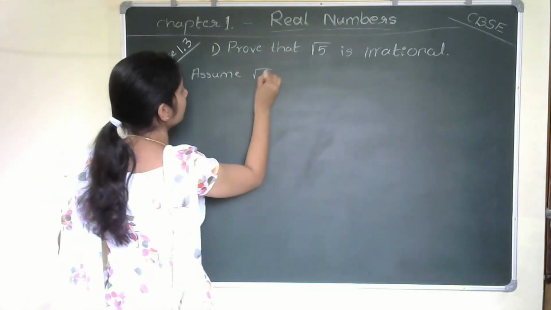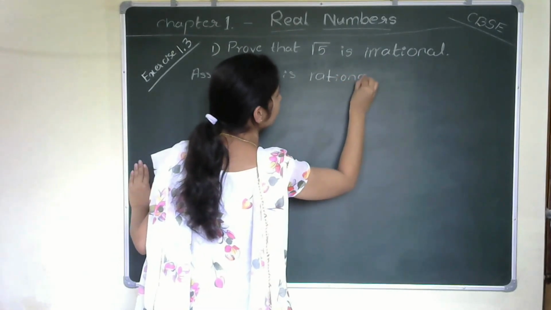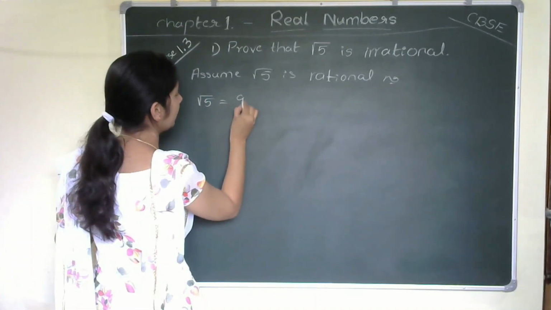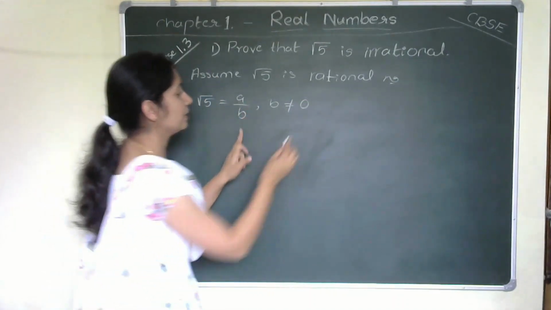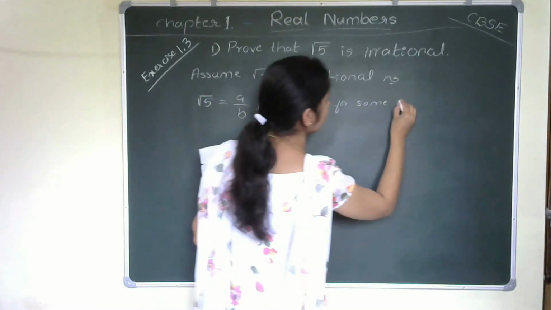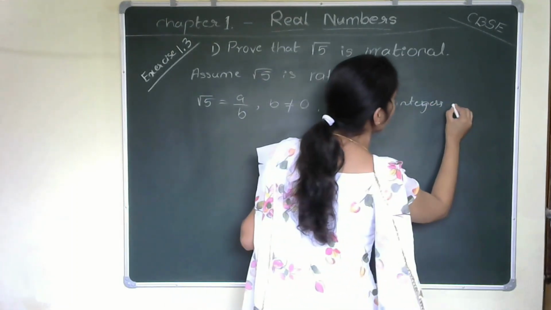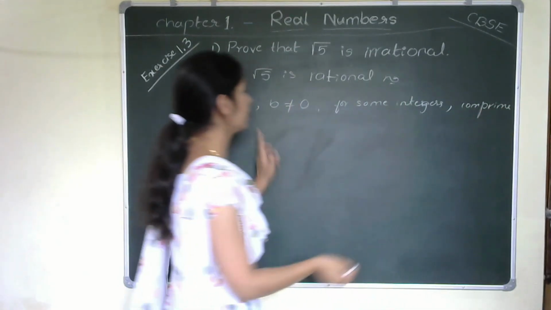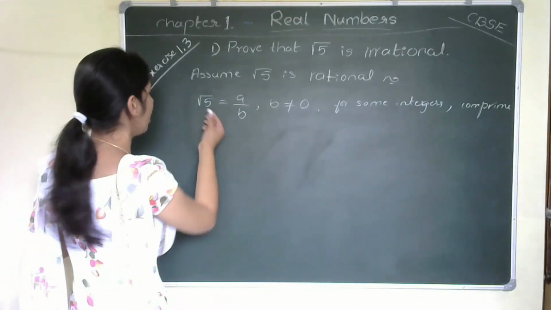root 5 is a rational number. So it must satisfy the condition that root 5 equals a by b, where b is not equal to 0, for some integers a and b, and they are co-prime. Now the first step: how will you solve?